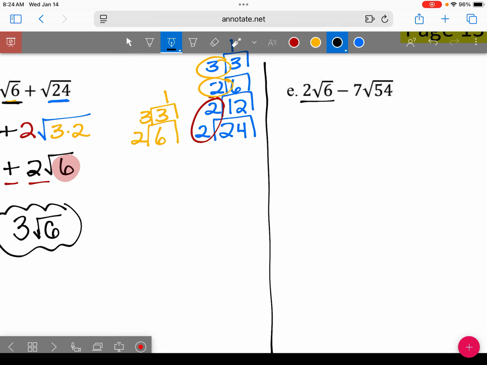So we already know from example D that 6 cannot be broken down. So I'm just going to bring this term down. All right, I'm going to bring down my subtraction sign, and I'm going to bring that 7 down. All right, then I'm going to stop there.